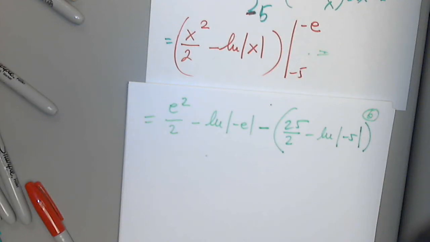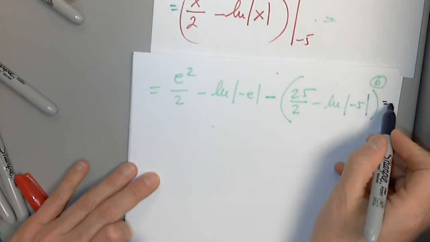Are these steps clear? Yes? So we plugged in negative e, and then we have to subtract when we plug in negative 5. So that's why I had to open parentheses, not to forget to distribute negative 1.